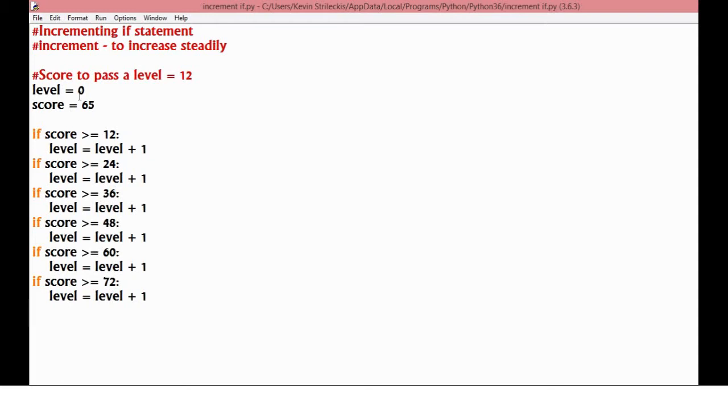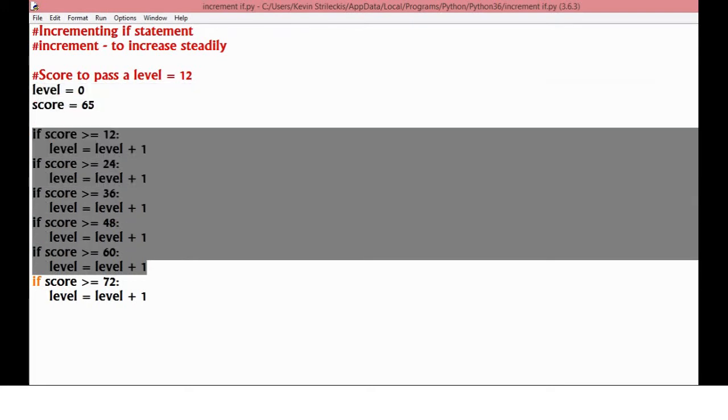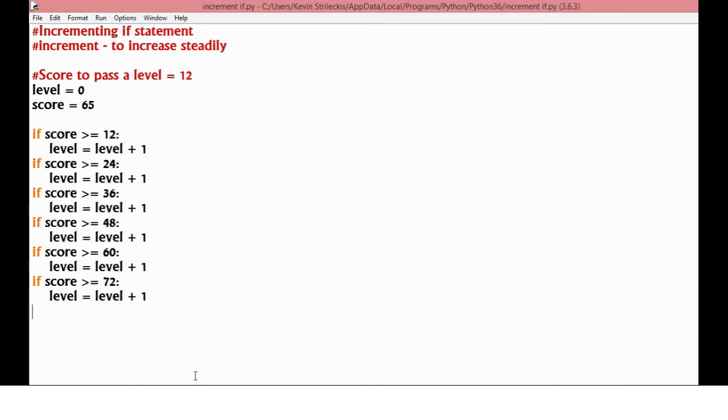All right, so my score is 65. You know that I will get this one. But here's the thing. I'm also going to have all of these other if statements also occur. Level should go up to level 5, which is correct. That's the level it's supposed to be on, the 5th level. And notice how I've done that by incrementing one piece at a time.